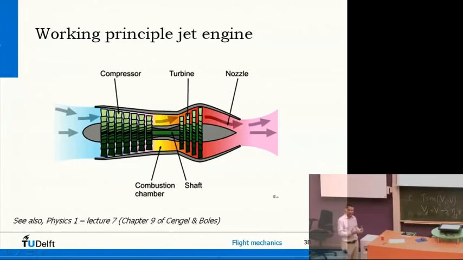And then, since there's still energy, it will accelerate when it exits the engine. It goes through the nozzle in order to make it expand nicely. And of course, the air there has a higher velocity than at the entrance, and the temperature is also higher.